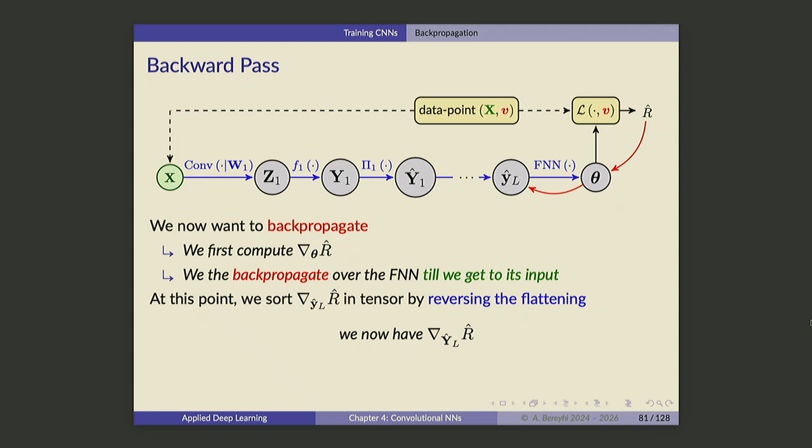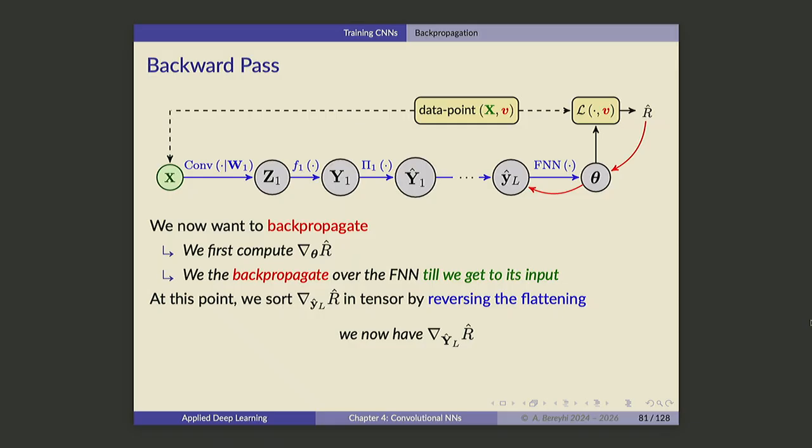The first entry is the first one, the second entry is the second one, like in the two-dimensional map. This is y1, y2, y3, y4, and I'm going to put it inside a vector of size 4. Now, when I do the backpropagation, I'm going to get a gradient of size 4, and then I'm going to resort it again in the form of a two-dimensional map. This is what I mean by this gradient of r hat with respect to yl.